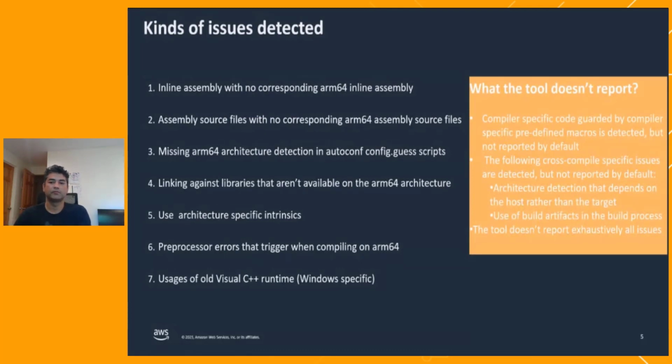I think that should be a given. So issues like cross-compiling. If you're compiling for multiple architectures at the same time, then it will detect the architecture on the host rather than the target, which is what you would probably want. So in those cases, obviously, it's not going to report that.